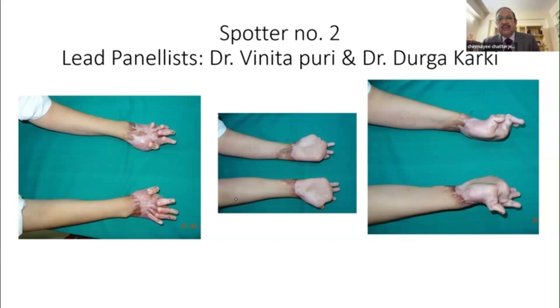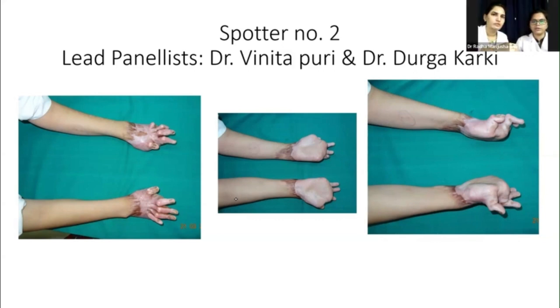Next question is, if this remains for 5 years, what will be the effect on the proximal unburned long muscles, flexor and extensor? Shortened and contracted. And will it have any effect on the post-burn physiotherapy, which is essential? So what will be the effect after 5 years if you don't treat?